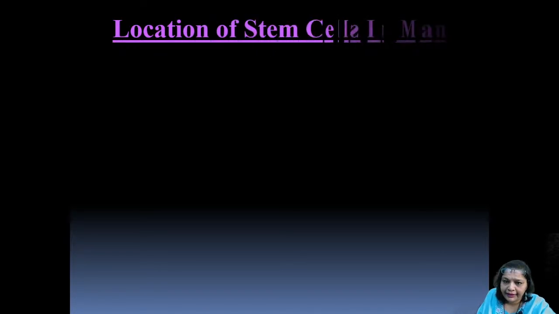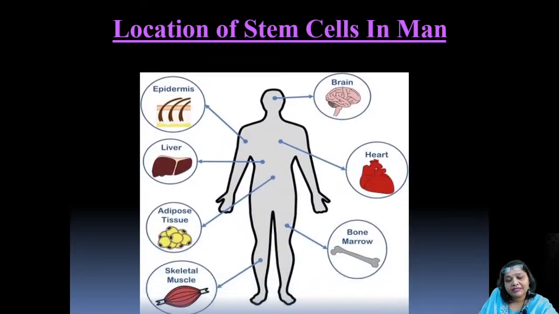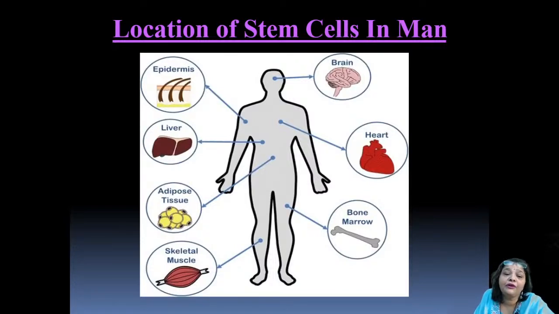Now, in human beings, in man, these stem cells are generally located in different places, like the epidermis, that is the skin, the liver, the adipose tissue, that is the fat storing tissue just under the skin, and of course on the surface of every large organ. Not only those, the skeletal muscle cells. They are also found in the brain, the glial cells, and the connective fat cells.